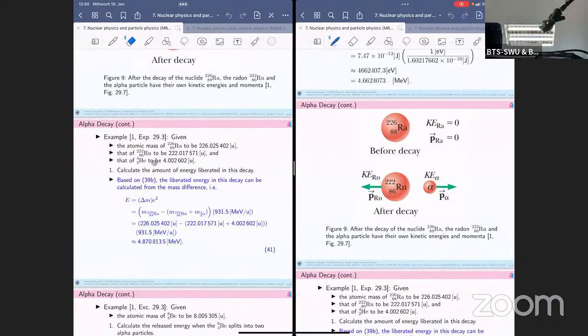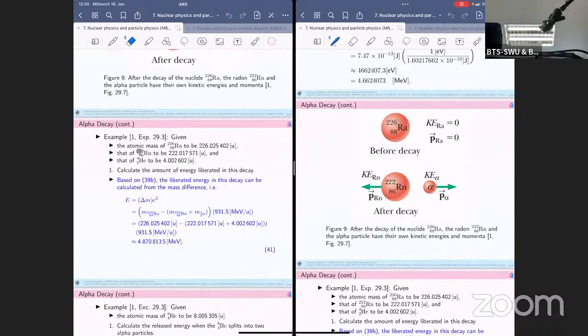In more detail, the atomic mass, which is not the mass number. The mass number is 222, but the atomic mass is the more precise value for the mass of that atom, and it is equal to 222.017571. You may go to the table and explore this value.